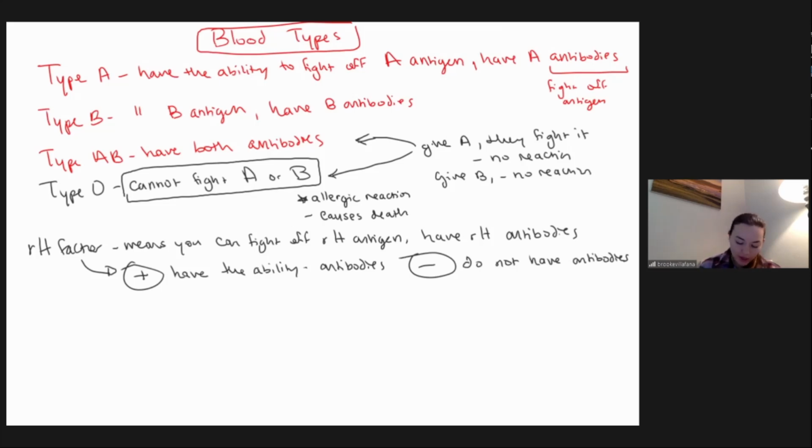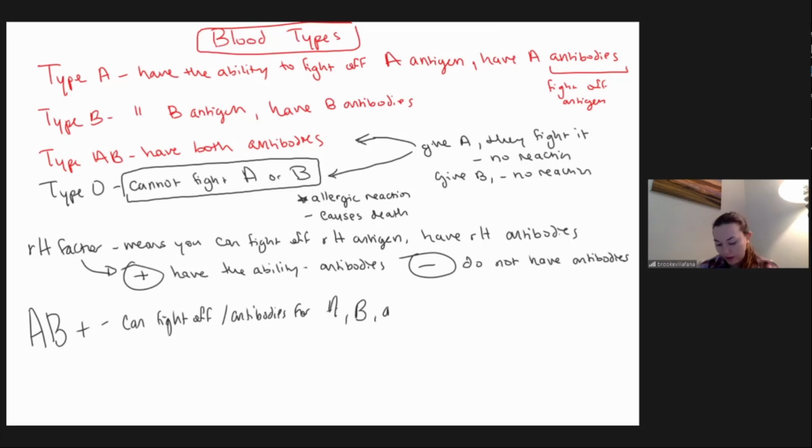Okay, so if I'm AB positive, this basically means I have the antibodies for A, B, and Rh. What about if I'm O negative? I have no antibodies for A, for B, or Rh. So there's nothing.